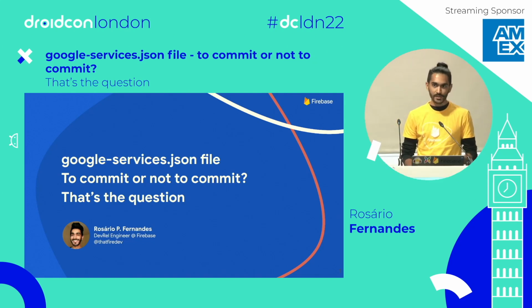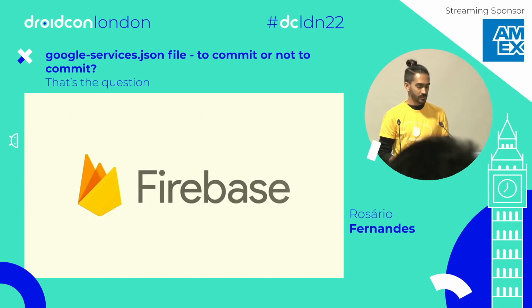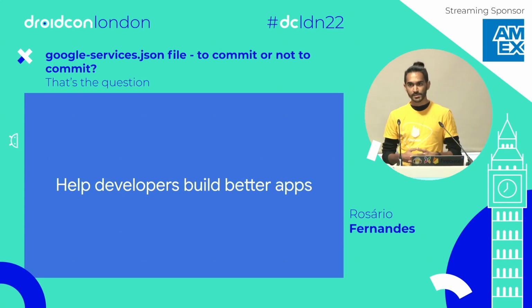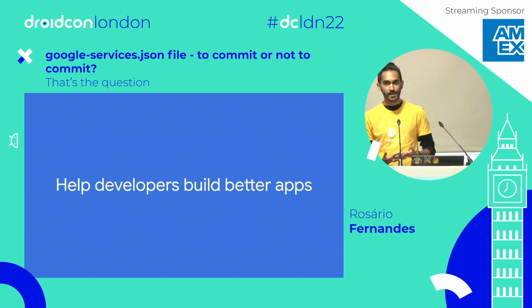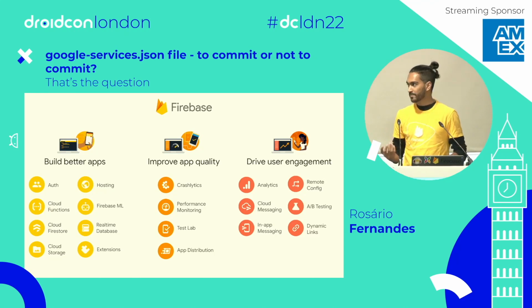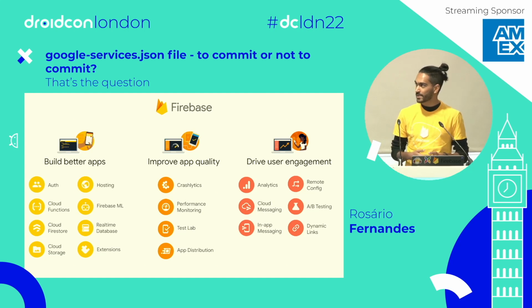So just a quick intro. What is Firebase? Well, we like to say that Firebase is a platform that helps developers build better apps. In short, we have a pretty, not sure if I would say long, list of products to help you build better apps.